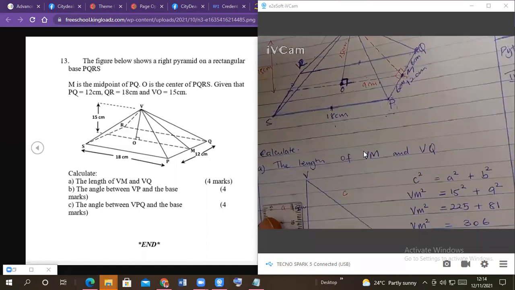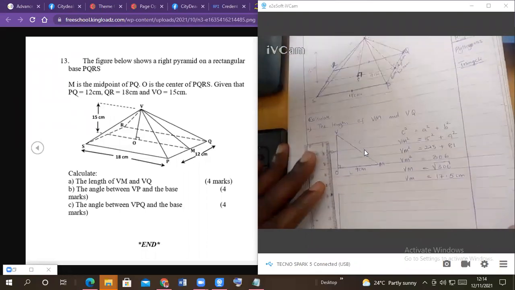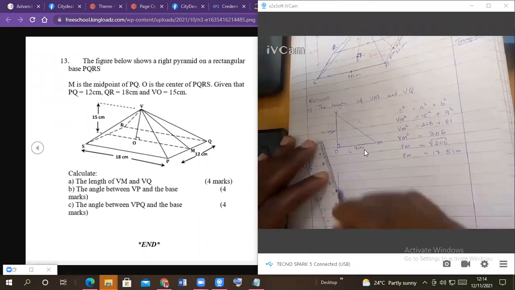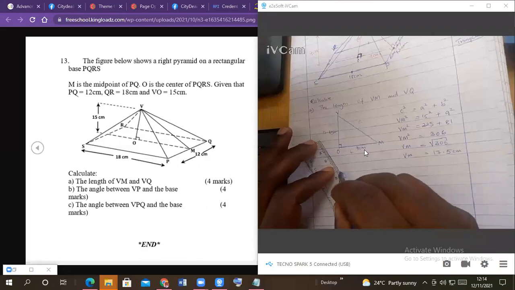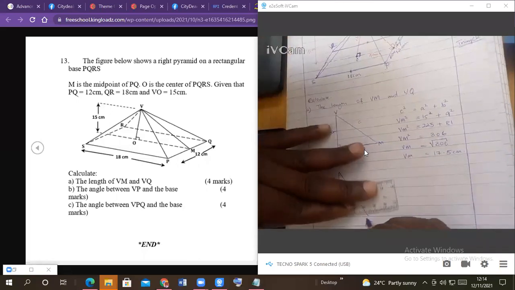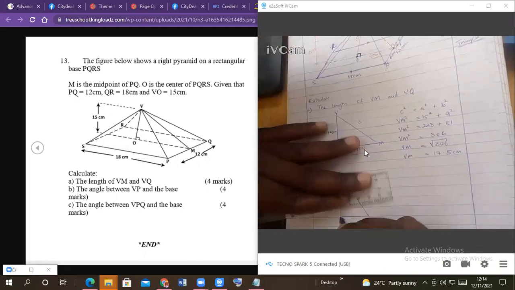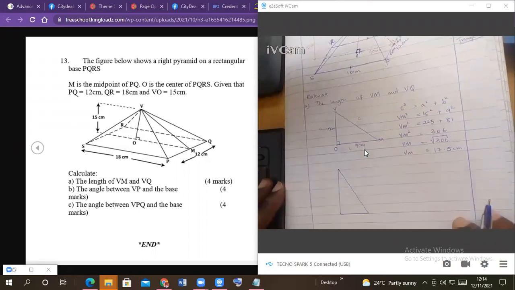Let me zoom out a bit so that you can see. I'm drawing VMQ like that. So where is 90 degrees?